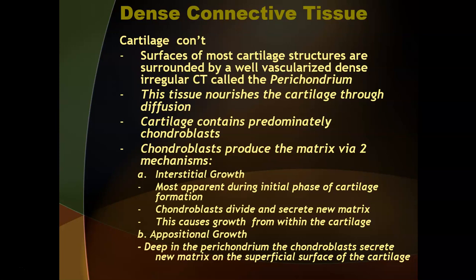Appositional growth is found deep in the perichondrium, and the chondroblasts secrete new matrix on the superficial surface of the cartilage. So one, interstitial, causes growth from within the cartilage, and the other, appositional, causes growth on the superficial surface of the cartilage.